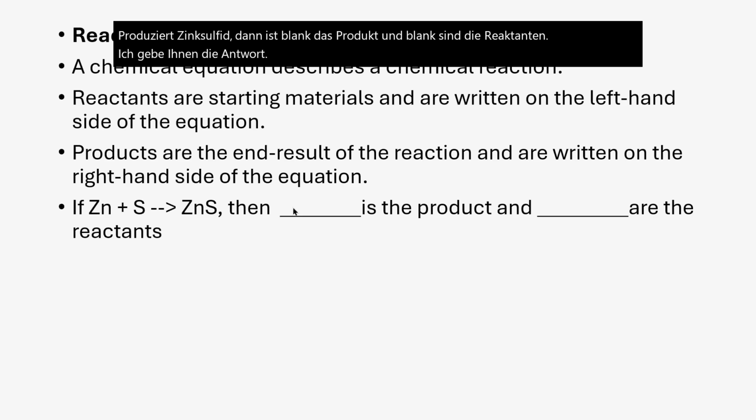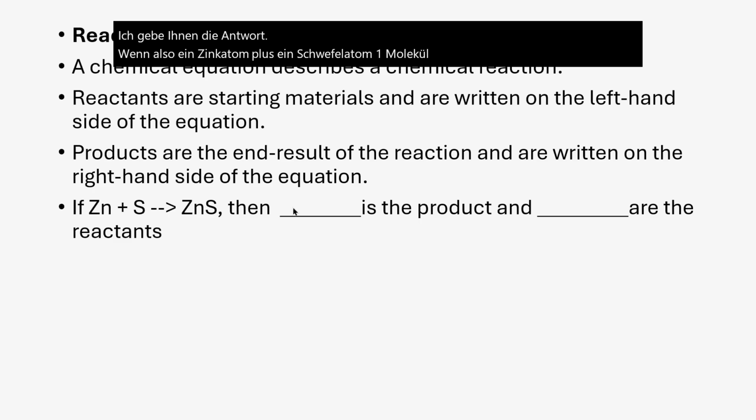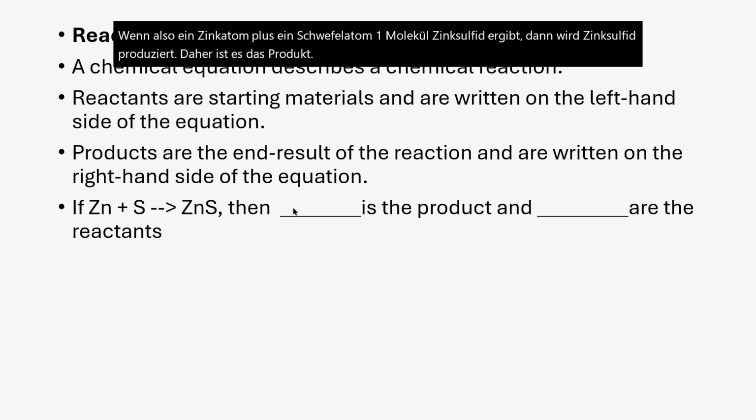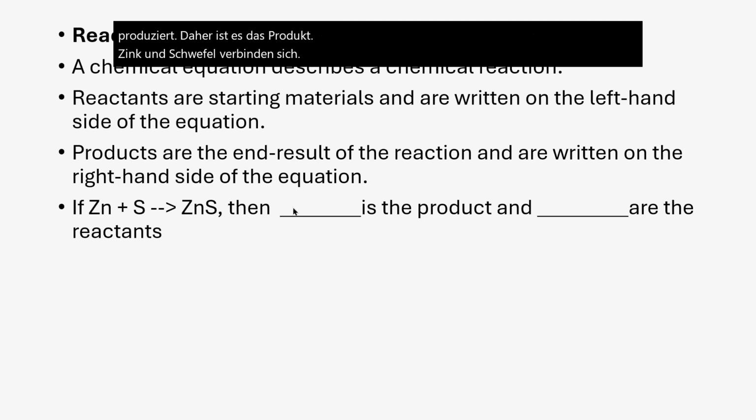So if one atom of zinc plus one atom of sulfur produces one molecule of zinc sulfide, then zinc sulfide is being produced, and therefore it is the product. Zinc and sulfur are combining, so they are the reactants.